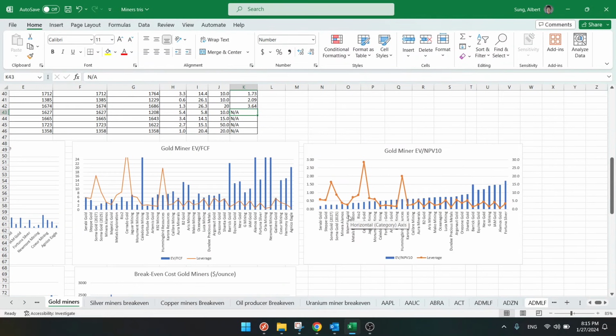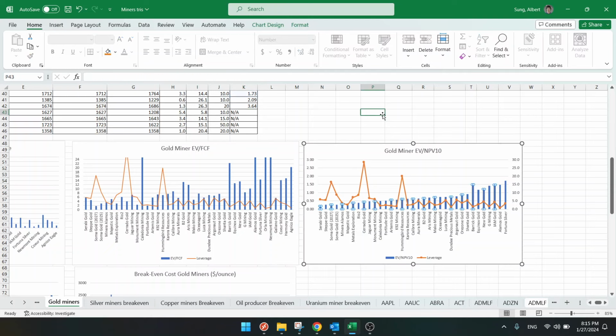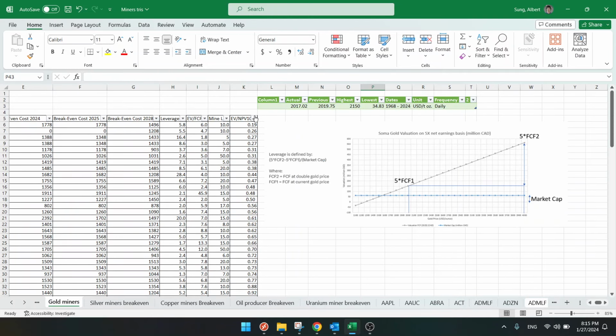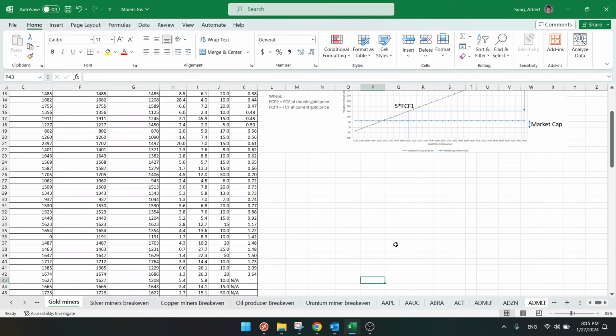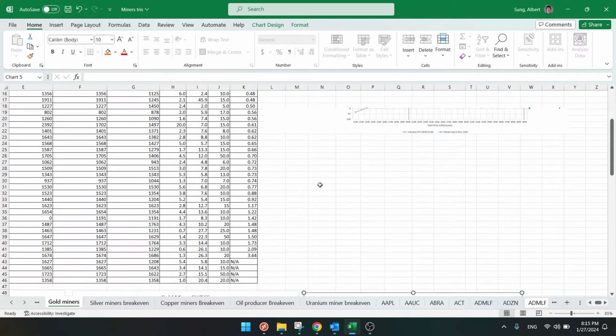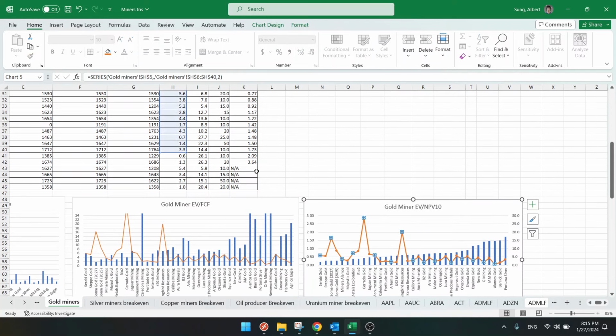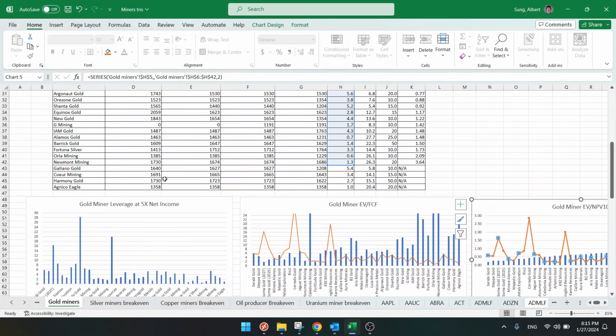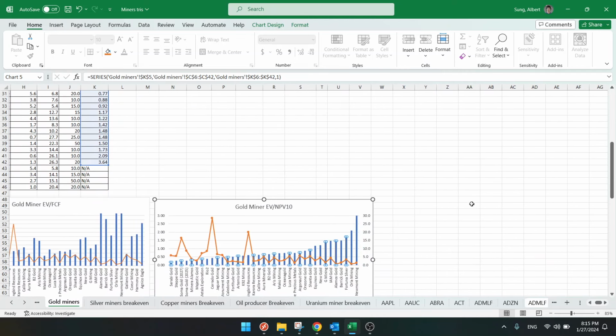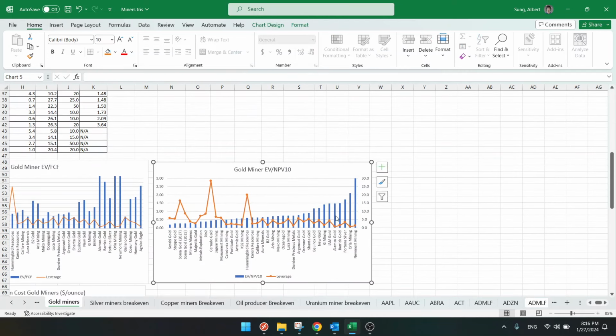So that was Barrick Gold. This one I have added here, the EV to NPV chart. And let's update this. So we have the EV to NPV chart here.